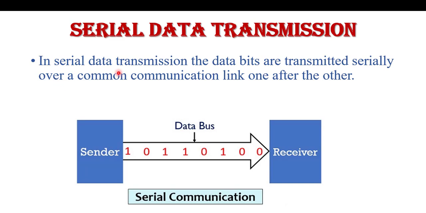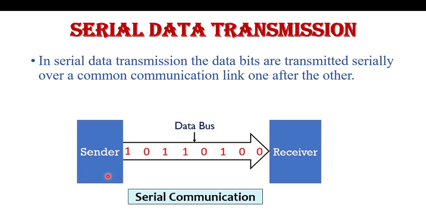In serial data transmission, the data bits are transmitted serially over a common communication link, one after the other. Here I explain with an example. This is the sending device, this is the receiving device.